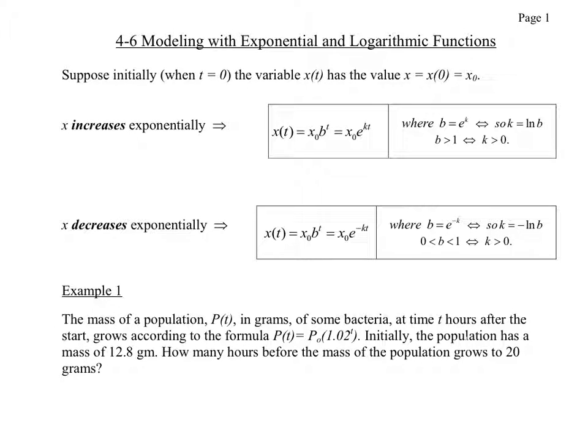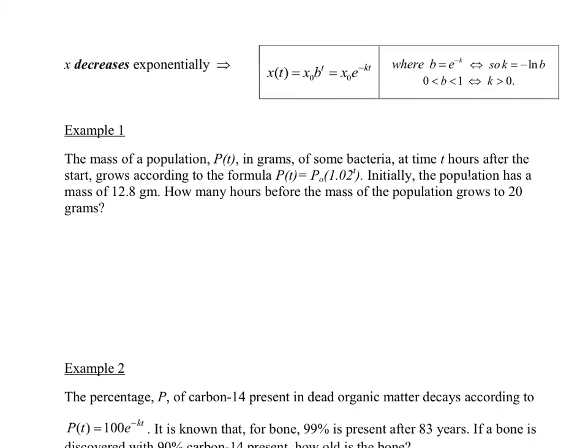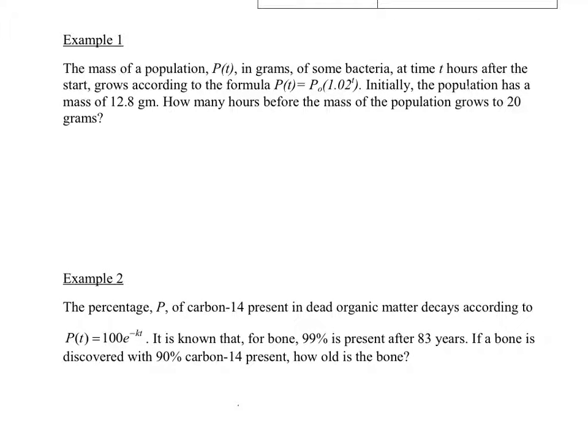Now in example 1, we're actually given the equation straight off. We're told that the mass of the population of some bacteria is given by this formula here, that the population is equal to P naught, that's just one kind of constant there, times 1.02 to the power of t. And it gives you some information. It says initially the population has a mass of 12.8 grams.